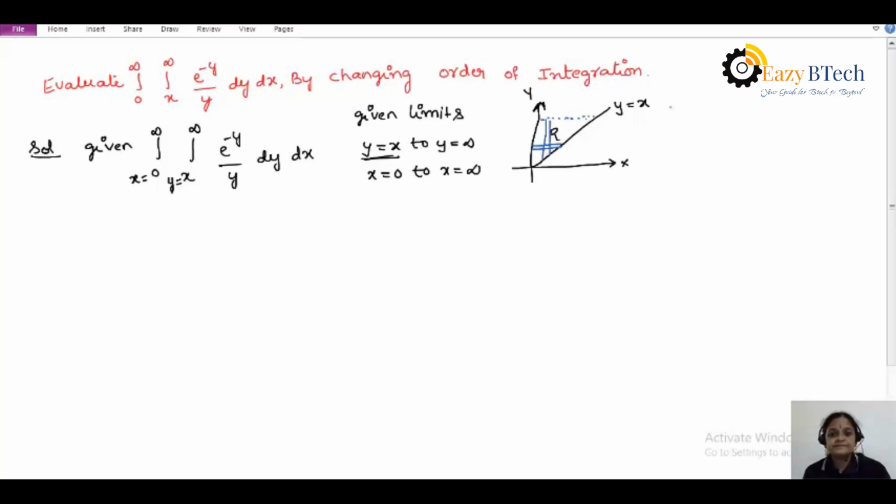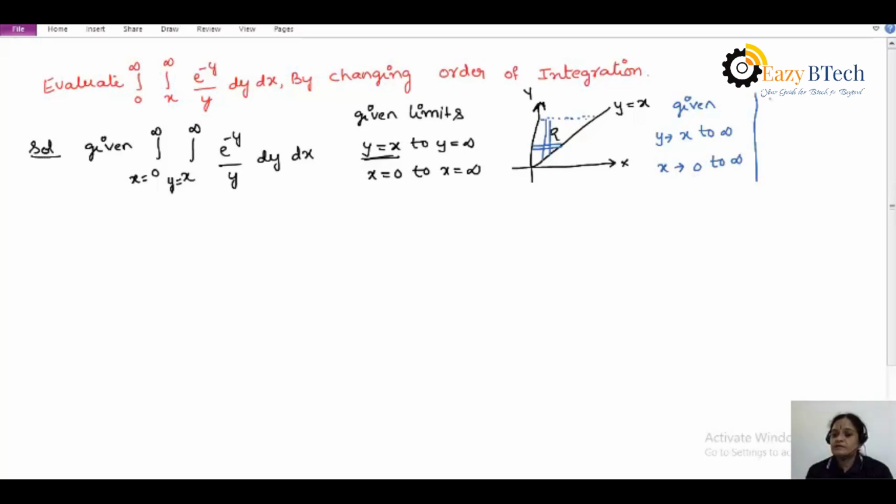Now see here, the given limits are x to infinity for y and 0 to infinity for x. So now I have to change these limits. The y limits as functions of x were given in the question and x was constant.